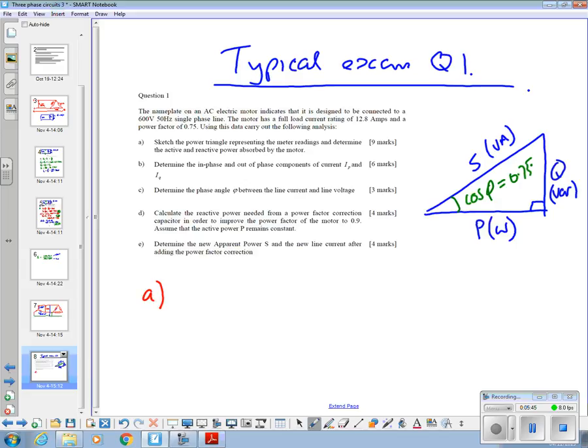The rest of A, what did you say, Alan? Sorry? S. Yeah. Because you've been given the full load current, so if that's running, the assumption is it's running at that full load, we've got 600 times 12.8 volt VA.